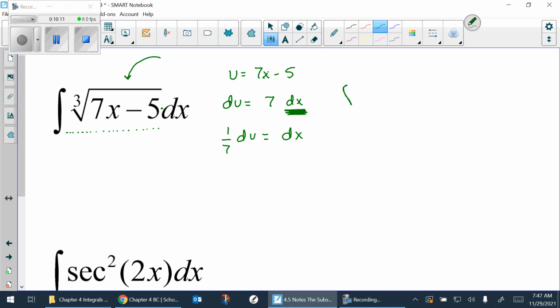So as I write my integral, my dx got replaced by 1/7 of a du. My cube root will be the 1/3 power of 7x minus 5. But remember, you don't have any x's.